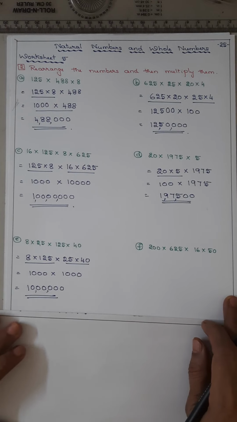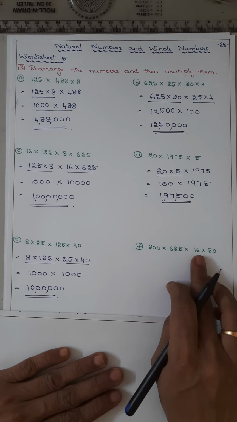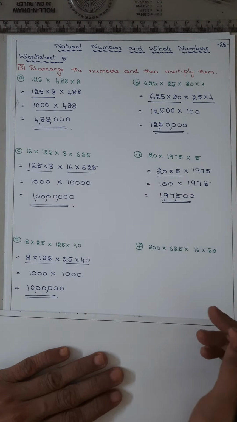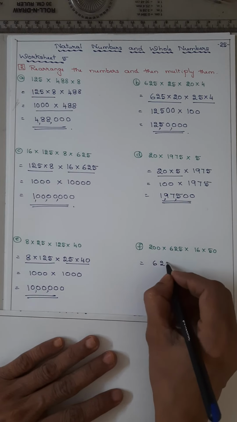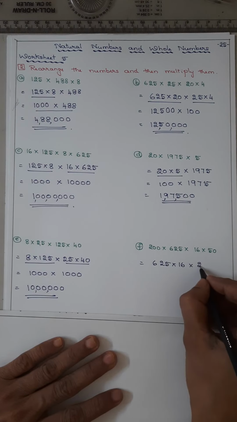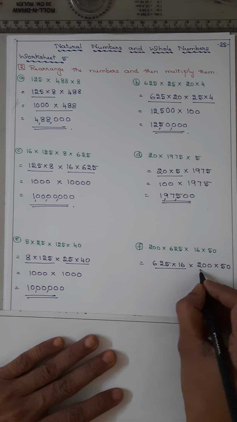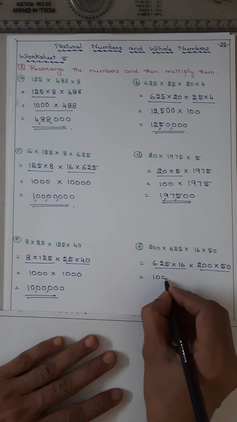Okay. Now here you already know 625 into 16. How much you got? 10,000. So write it first. 625 into 16. Now 200 into 50. Group it. Now here the answer will be 10,000.